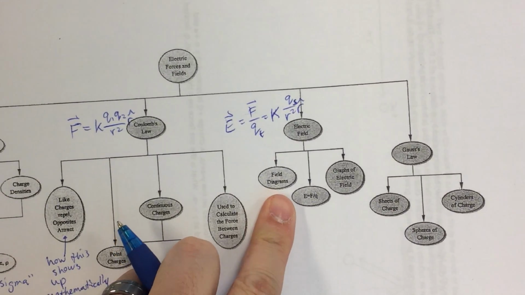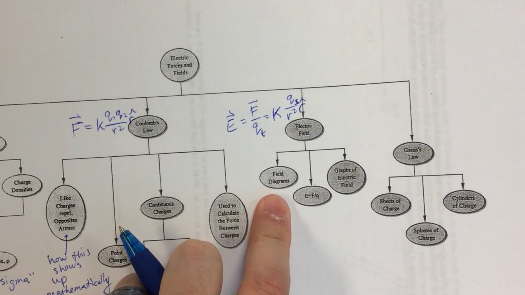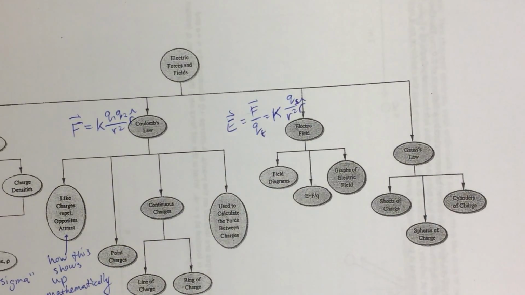Okay, so make sure you understand how field diagrams work. Field diagrams are just diagrams. It's understood that the field is present everywhere in space, but in a diagram you can't draw an infinite number of arrows, so you just diagram with a few arrows.